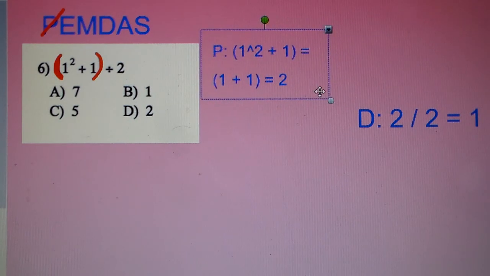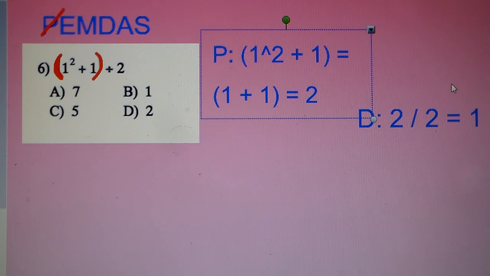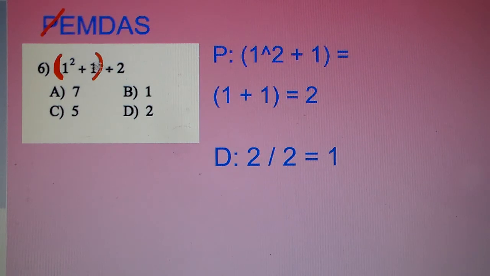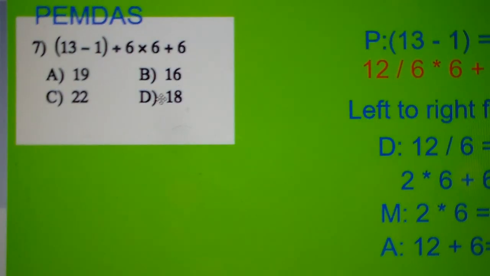So inside that set of parentheses, 1 squared plus 1, which 1 squared is 1, and 1 plus 1 gets us 2. And once we have a 2 on the outside, 2 divided by 2 gets us the 1. So our answer is 1. Value is B, in the multiple choice.